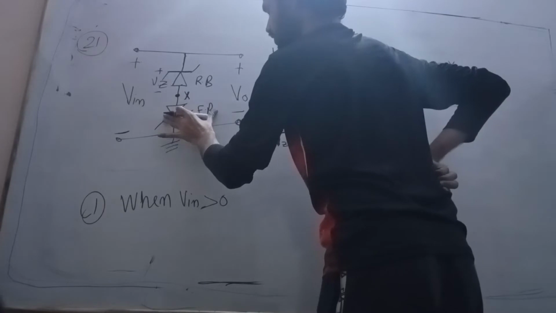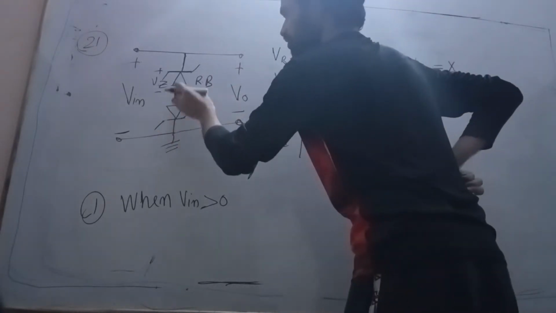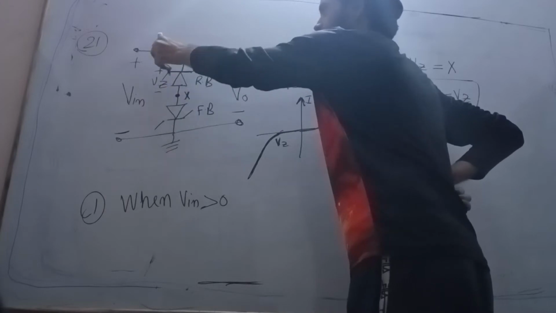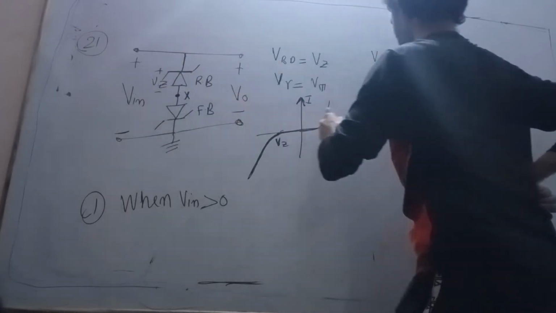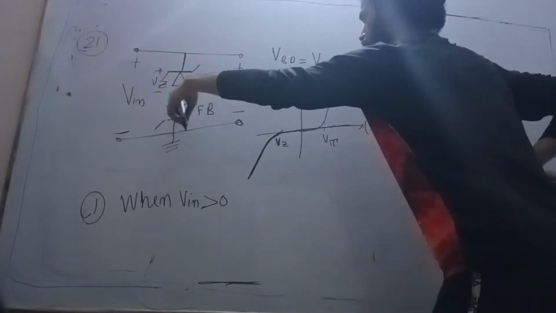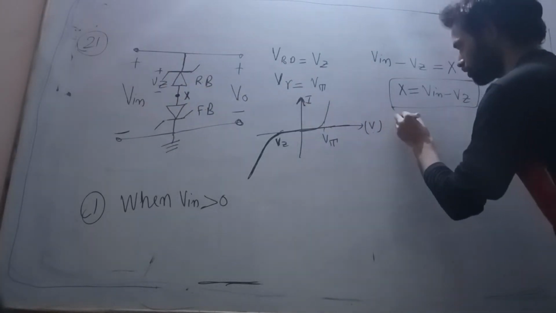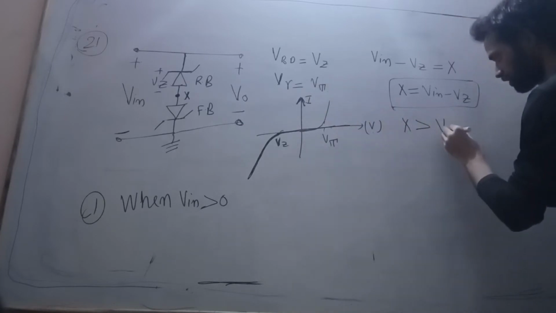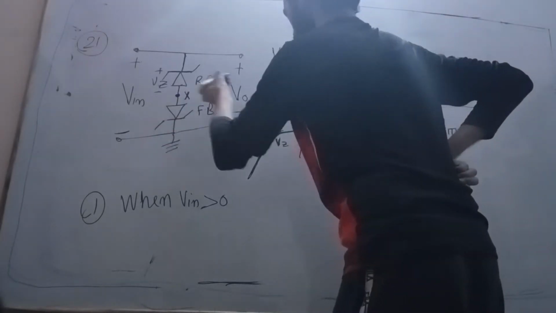Now I want to check for this forward bias, when this diode is in forward bias, because automatically it is in forward bias once it goes in breakdown region. It is in forward bias only when x exceeds the cut-in voltage of this forward bias.